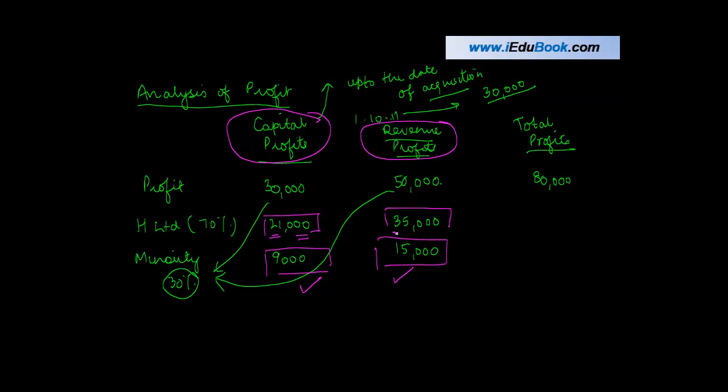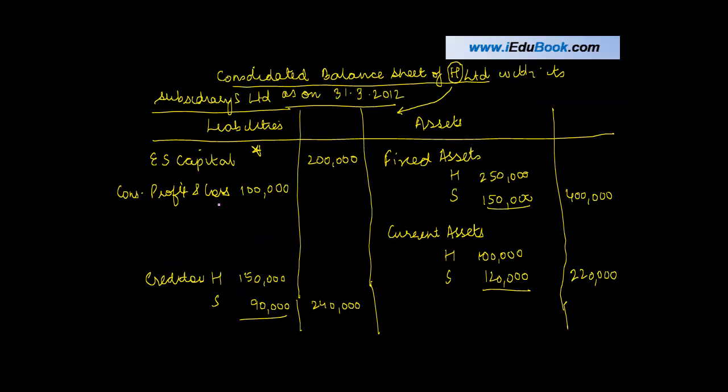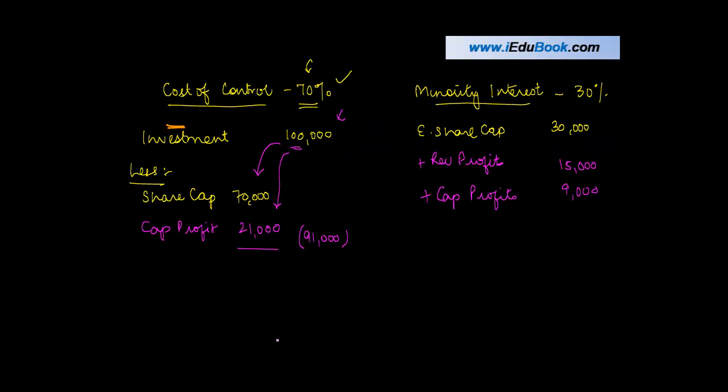And 35,000 is the revenue profits which the company has earned after acquisition by H Limited. These profits, being revenue in nature, are taken to the balance sheet plus revenue profits of S Limited, 35,000. Just do a total of these, 135. Right? 100 minus 91 gives you 9,000.